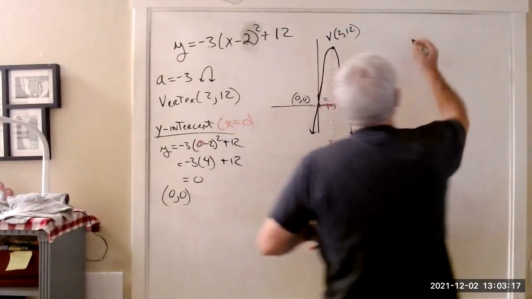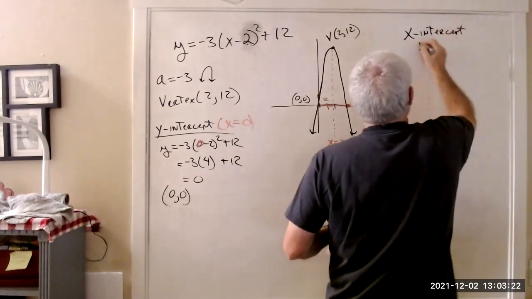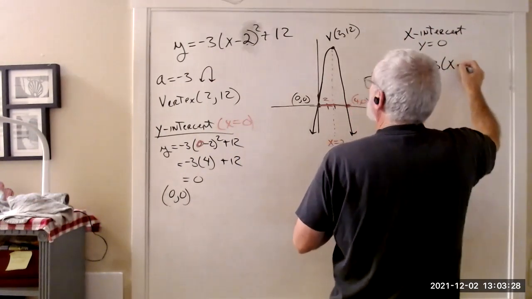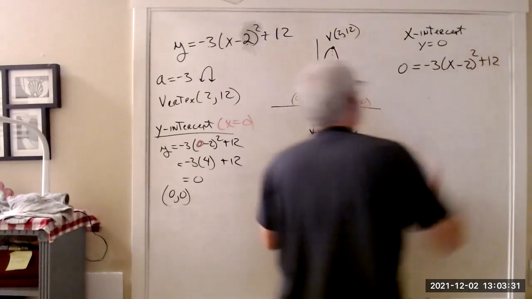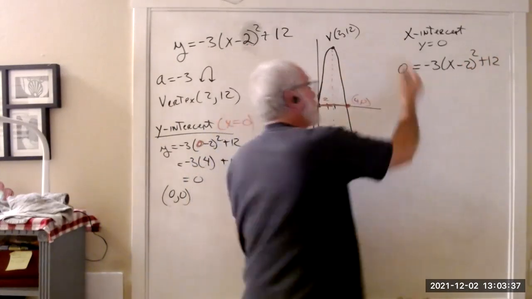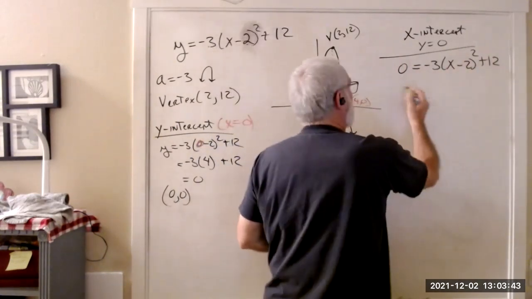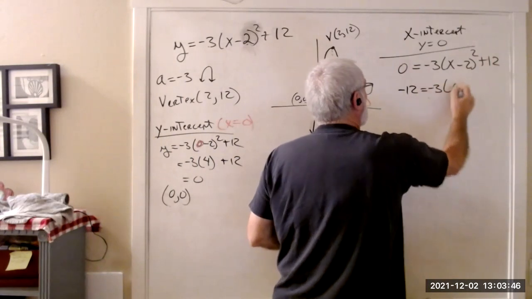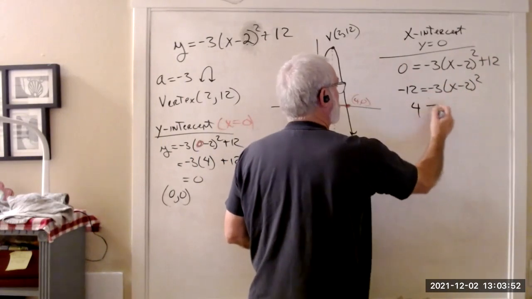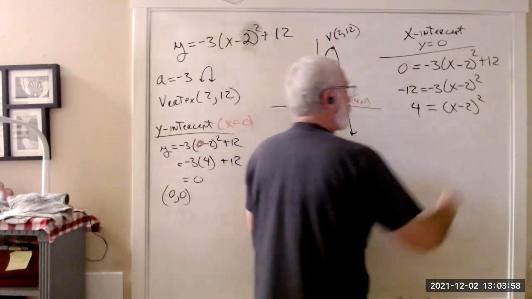So to find the x-intercepts, we set y equal to 0. So I'll get out of the way. So this is the equation we're solving. To find the x-intercepts, we set y equal to 0 and solve this equation. So the first thing I'm going to do is subtract 12. Then I'm going to divide by -3. Then I'm going to use the square root property.